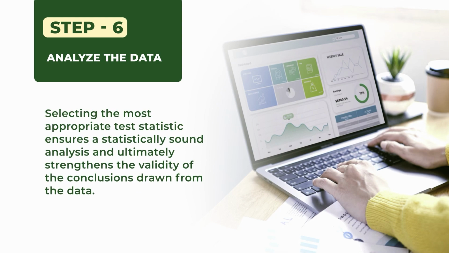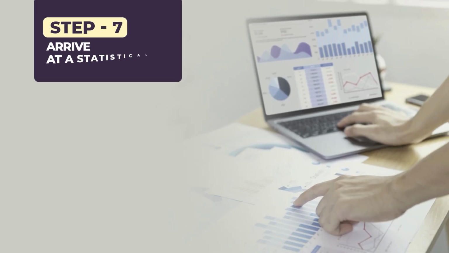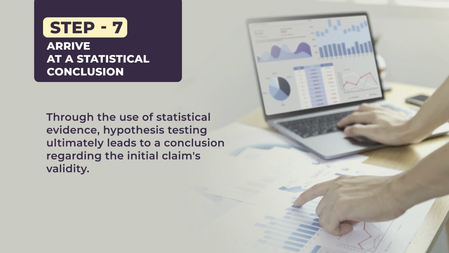Selecting the most appropriate test statistic ensures a statistically sound analysis and ultimately strengthens the validity of the conclusions drawn from the data. Now, let's see step 7, that is, arrive at a statistical conclusion. Through the use of statistical evidence, hypothesis testing ultimately leads to a conclusion regarding the initial claim's validity.